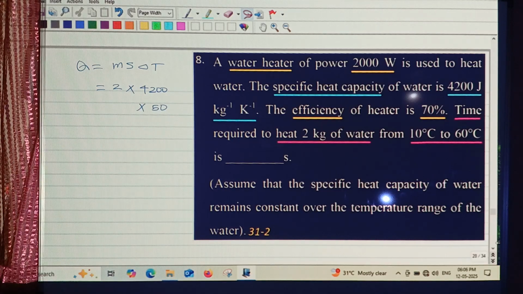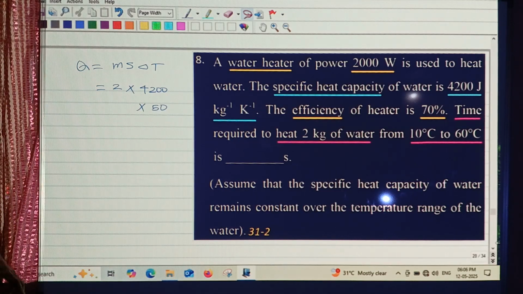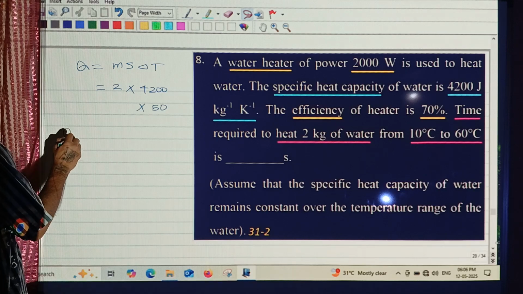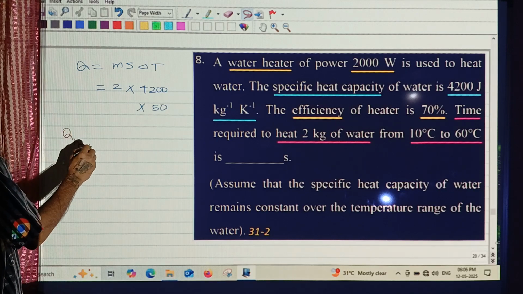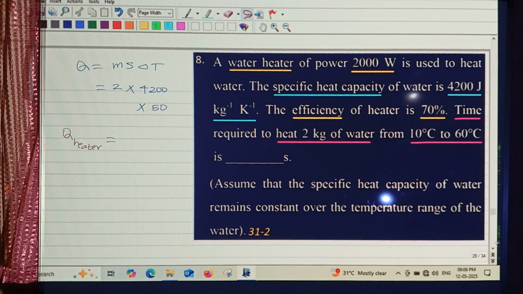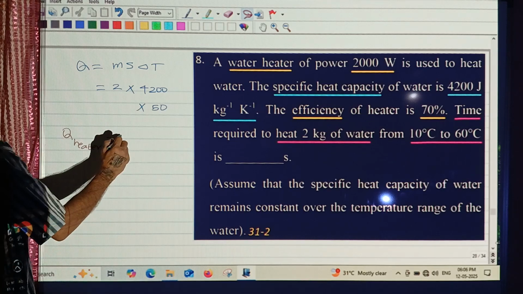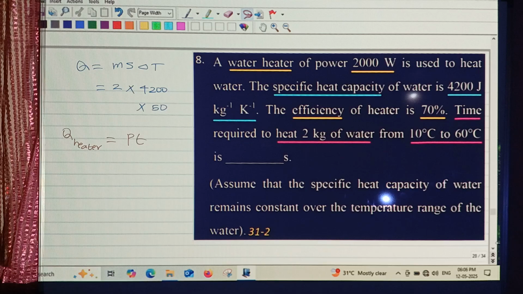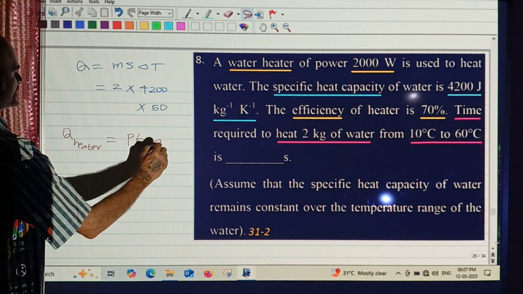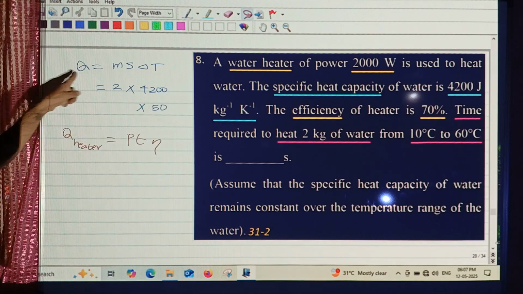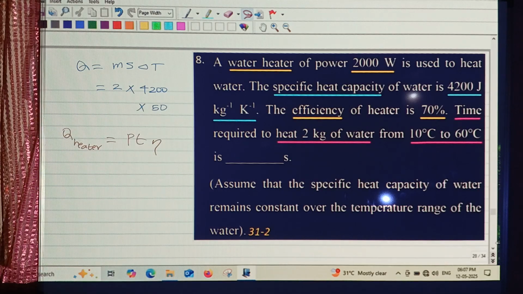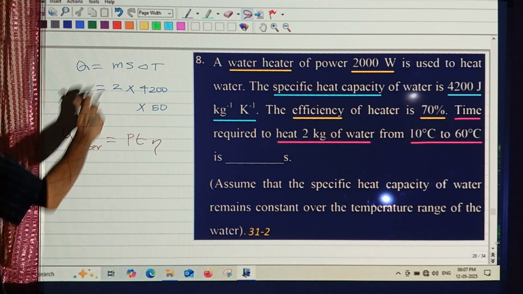This heat is supplied by the electrical heater. The rating of the heater is 2000 watts, so it's power into time. Another thing is, not all the heat energy coming out of this heater is going into heating the water. Some of it might get lost to the surroundings, so only 70% of it is getting used to heat this water. So this is an efficiency factor eta. So these two should be equal.